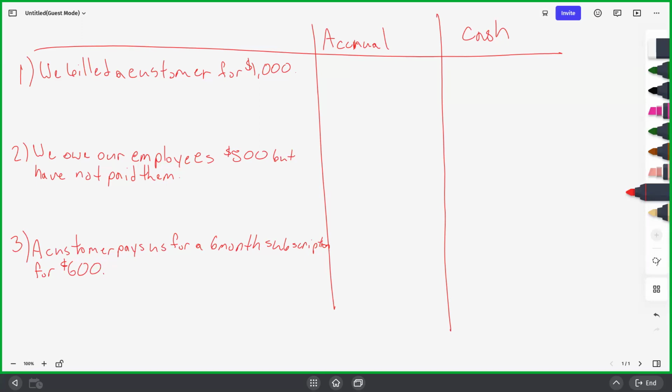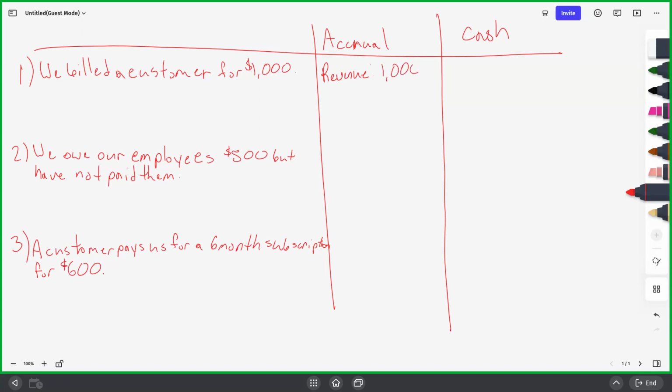So for example, we billed a customer for $1,000. Is that revenue or expense? Revenue. So how much revenue do we recognize in accrual accounting? 1,000.